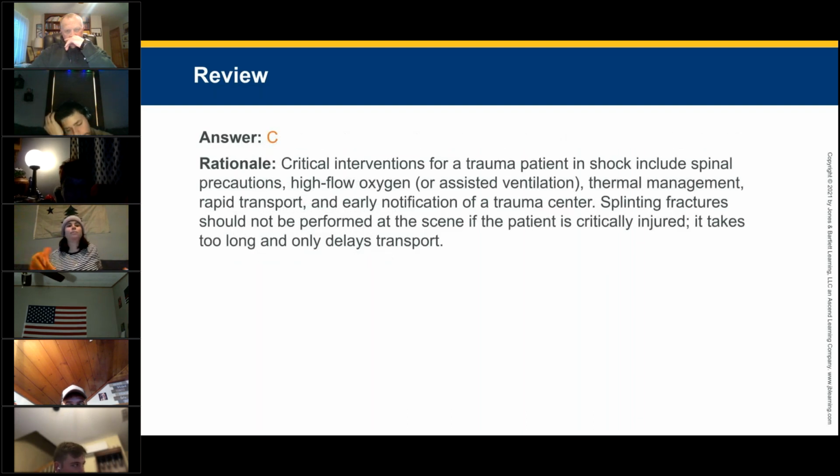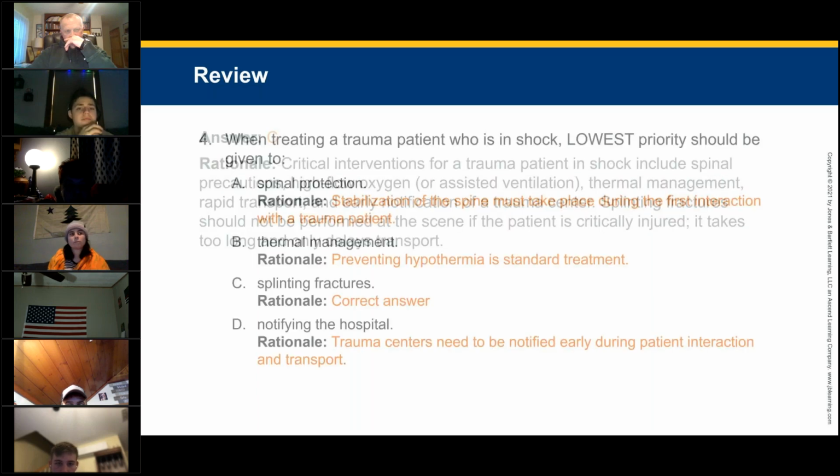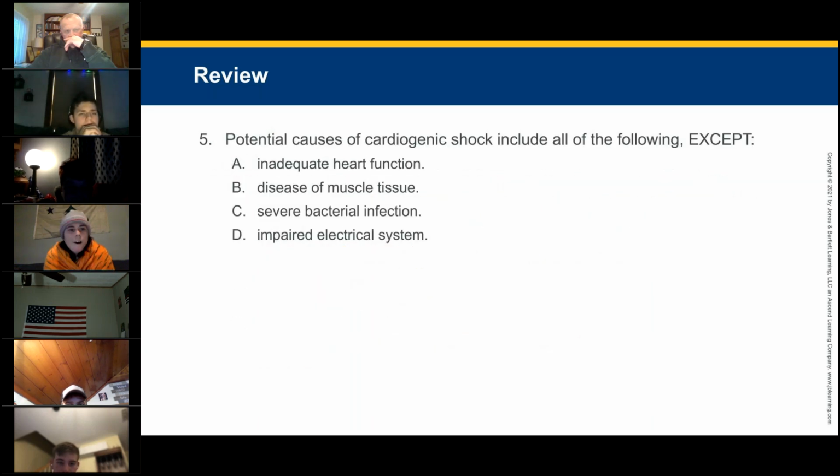C. Potential causes of cardiogenic shock include all of the following except for what? Very good. C.